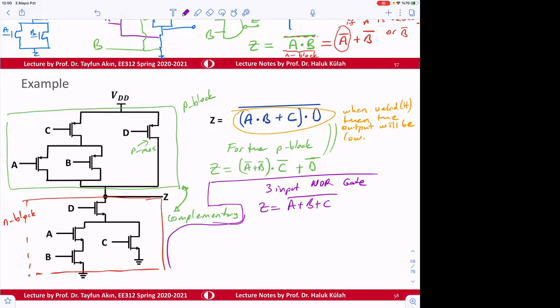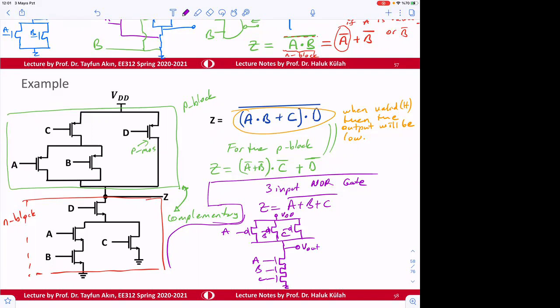So how can we implement this? The N block should be like this. A, B, C. The P block should be like this. Now for the PMOS, for VLSI design people, we prefer the transistor to be shown like this. And of course, for convenience, we draw it so. So A, B, and C.